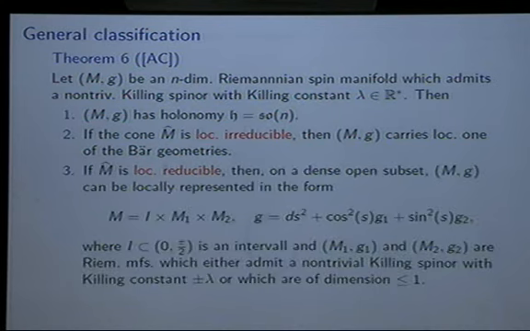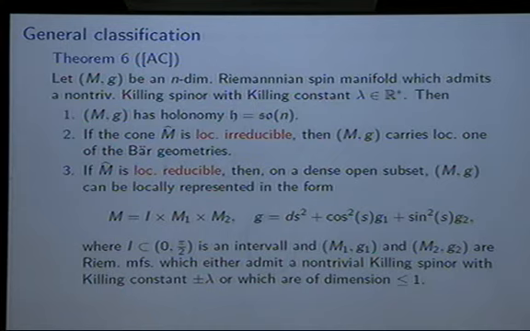And if the cone is not irreducible but is locally reducible, then on a dense open subset we can write our manifold (M,g) as such a double warped product as before, with some factors M1, M2, which are again Riemannian manifolds which admit a non-trivial Killing spinor with Killing constant plus or minus lambda, or which are of dimension less than or equal to 1.